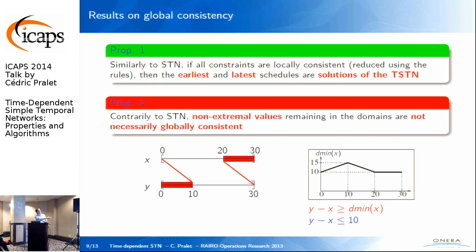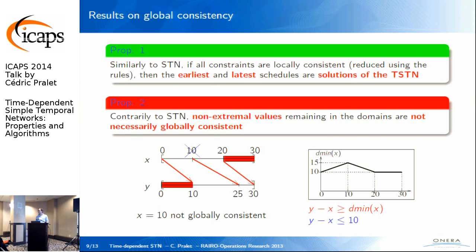So here, assigning x and y with their minimum values will give an assignment which satisfies both constraints, and assigning x and y to their maximum values will also give an assignment satisfying both constraints. But if we take a value in the middle of the domain of x, for value 10, for instance, it can be shown that this value is not globally consistent.